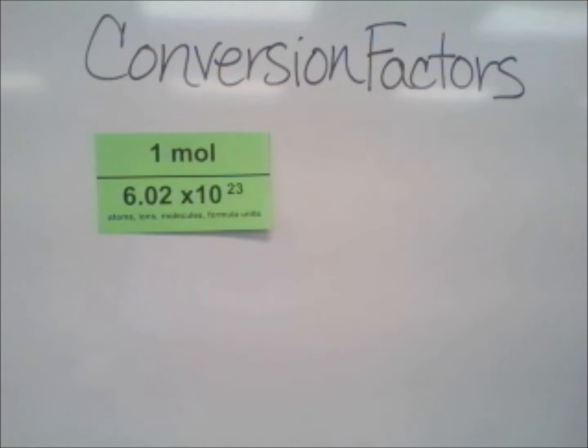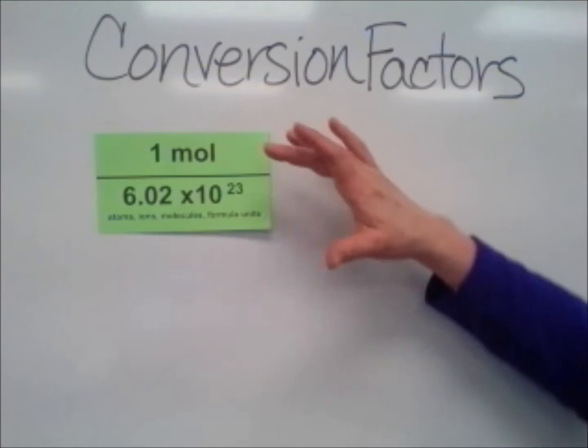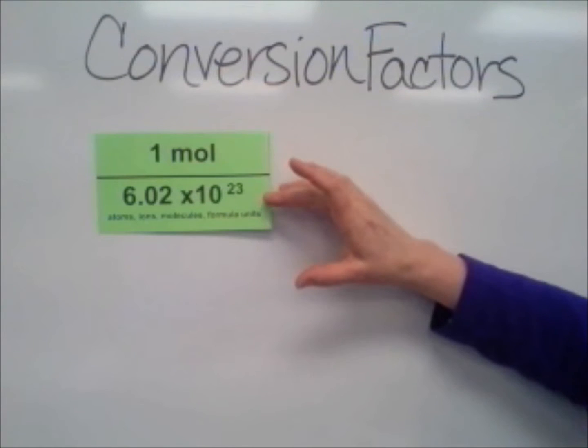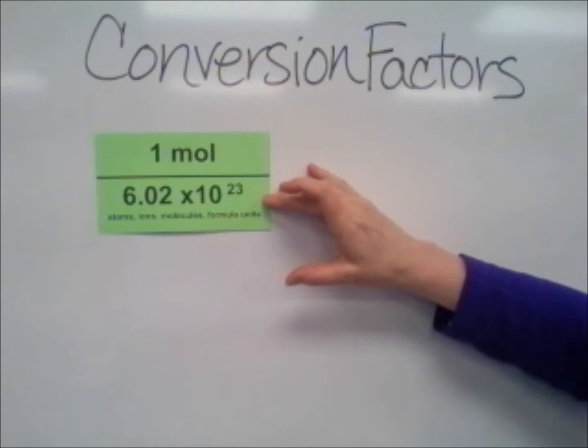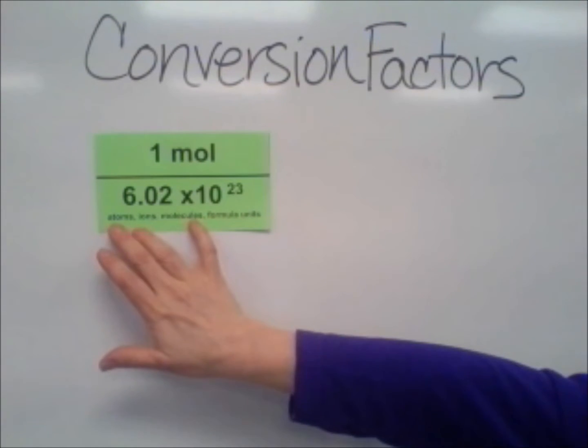So one of the conversion factors that we can use when we're working these problems is 1 mole equaling the 6.02 times 10 to the 23rd representative particles. And we always set it up into a fraction in dimensional analysis. So we can use it as 1 mole over 6.02 times 10 to the 23rd, and then we can pick our unit.